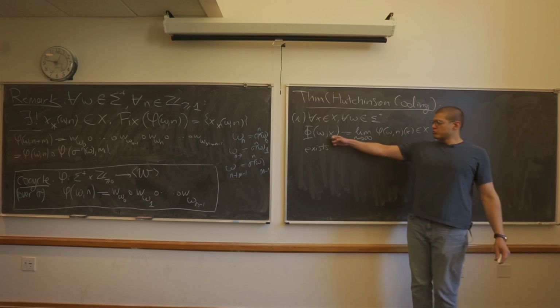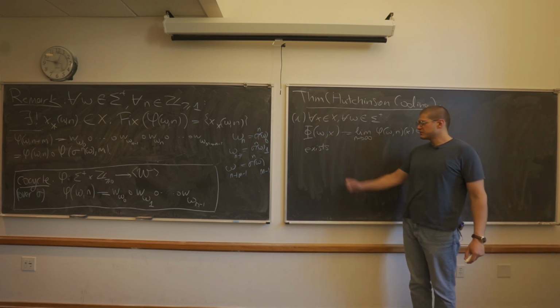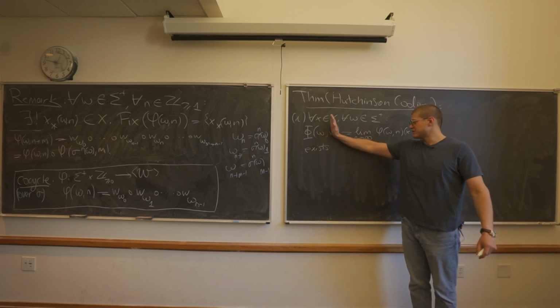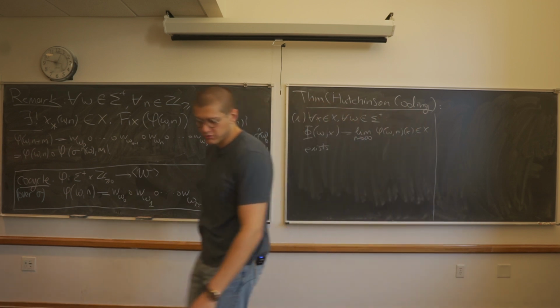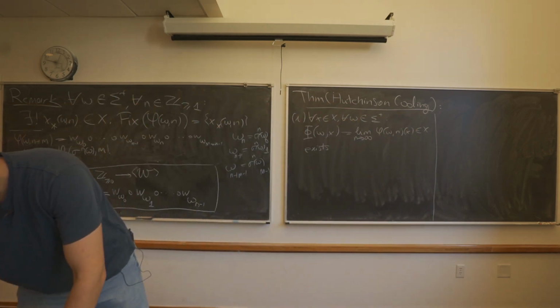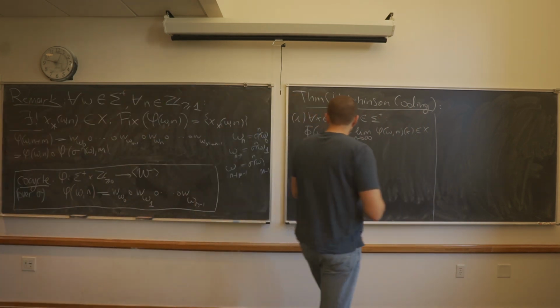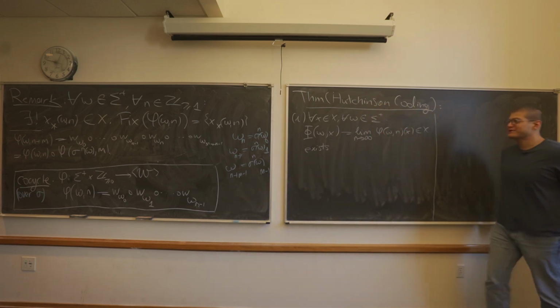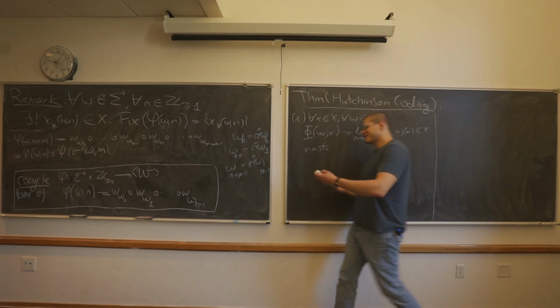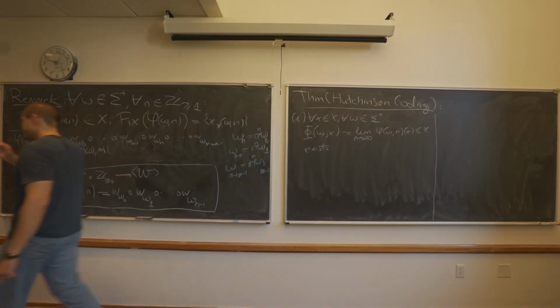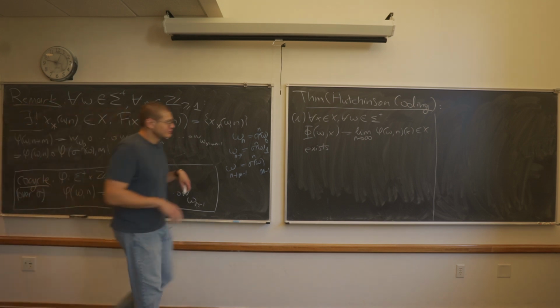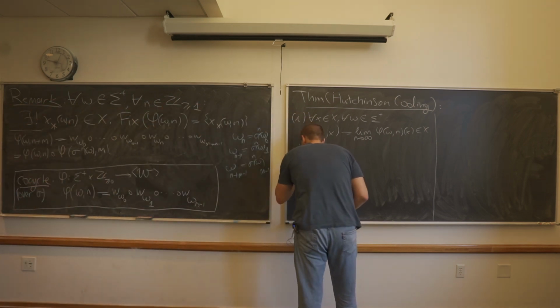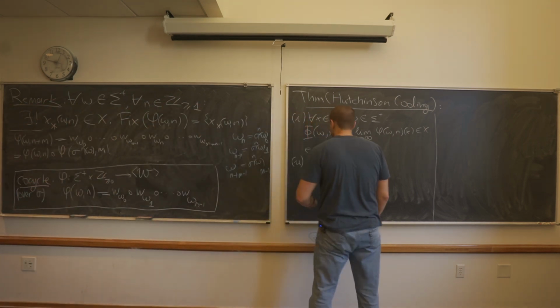So this is going to be almost our coding map, except that we don't want this x here. We want it to depend on omega only. But we're lucky because it turns out that this limit doesn't depend on the initial condition. Just like in the Banach contraction principle, the limit doesn't depend on the initial condition also. So let's write it like this.